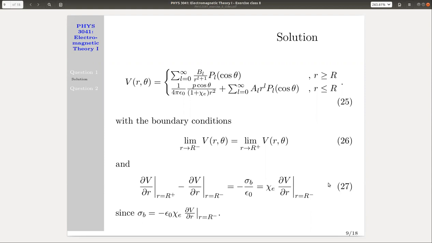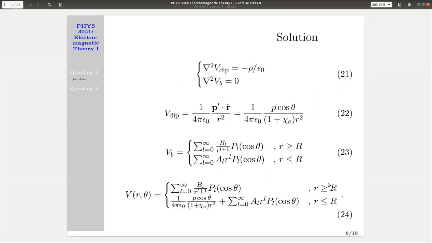So that's the reason why we cannot simply disregard the dipole term here and just solve the Laplace equation. The reason why we must have the term here is that the induced bound surface charge depends on the electric field in the system, and you just cannot separate the electric field between the dipole and the bound charge.